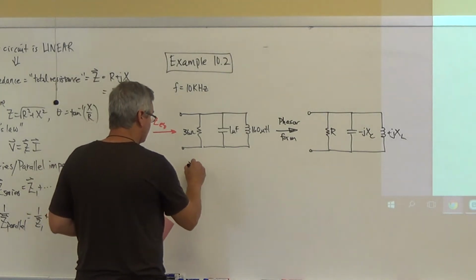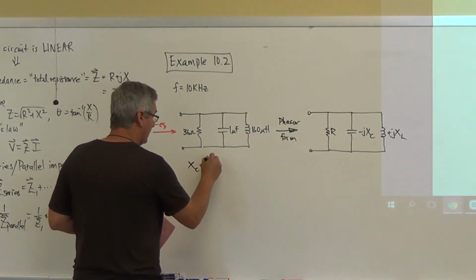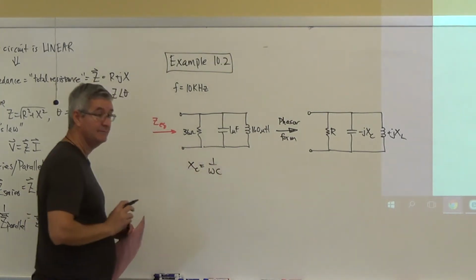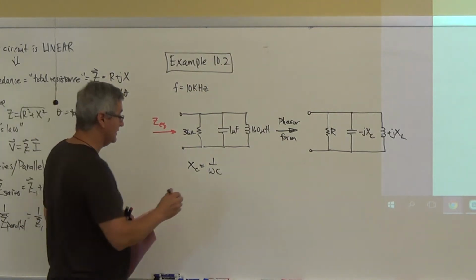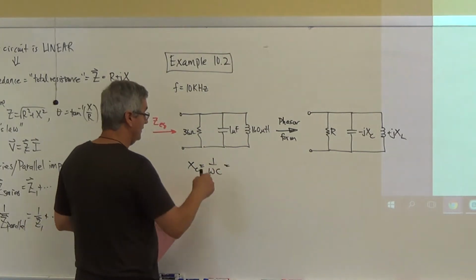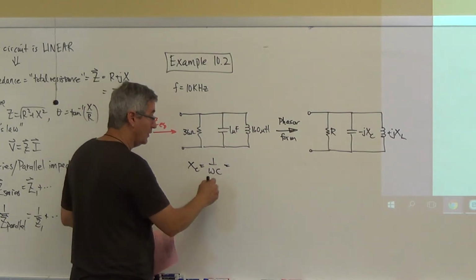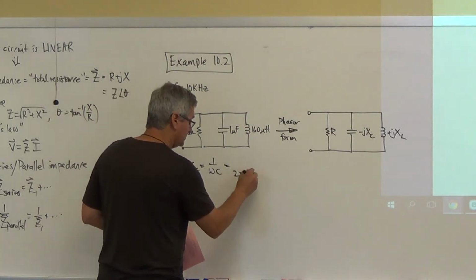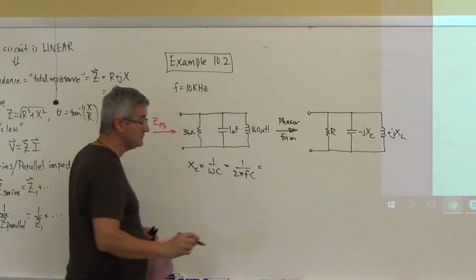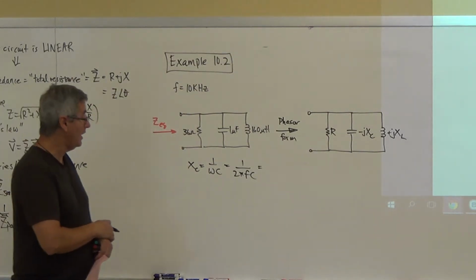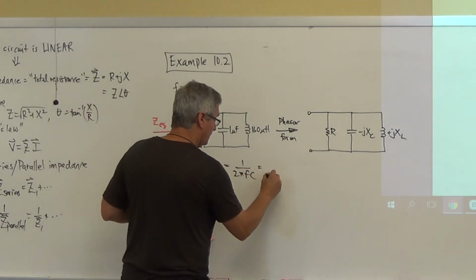So if I look at XC, it's got to be 1 over omega C. And if omega is 2 pi frequency times C, then if I start to put in my numbers here, I'm going to get 2 pi.